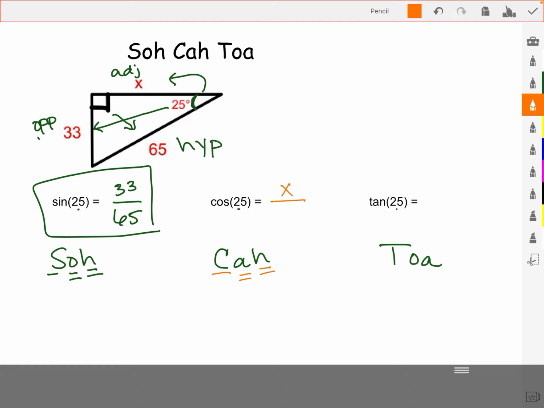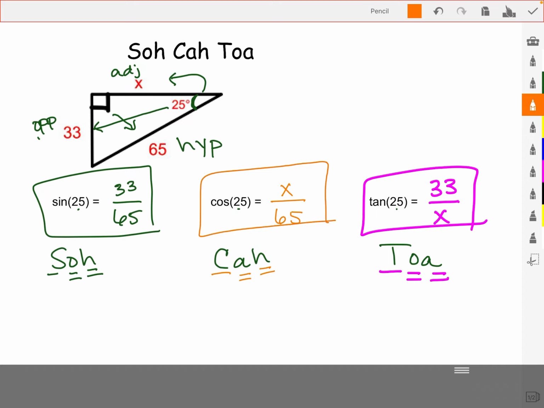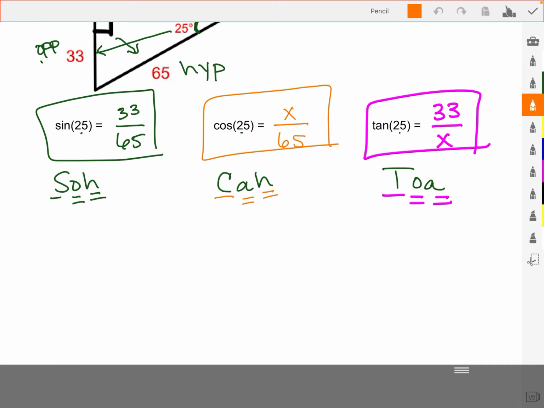The adjacent side is X. The hypotenuse is 65. Tangent is TOA. Tangent, opposite over adjacent. The side opposite is 33, and adjacent is X. So there are my ratios.